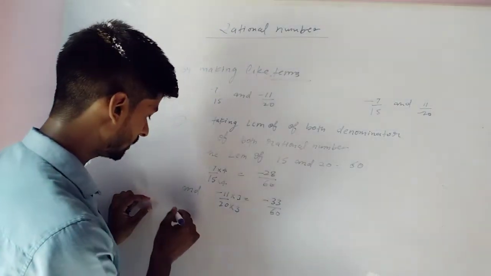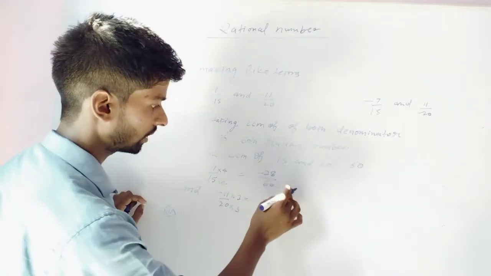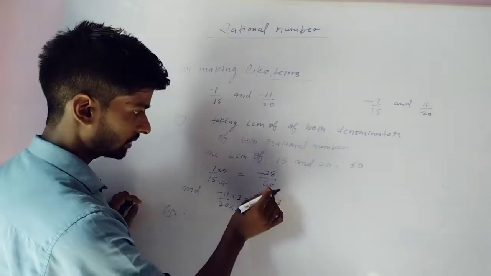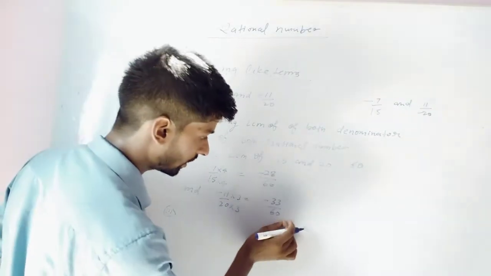The third step is that now we have to compare the numerators, because the denominators are equal.